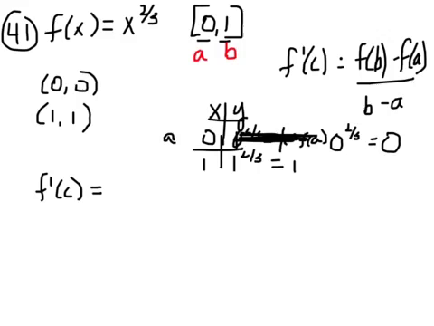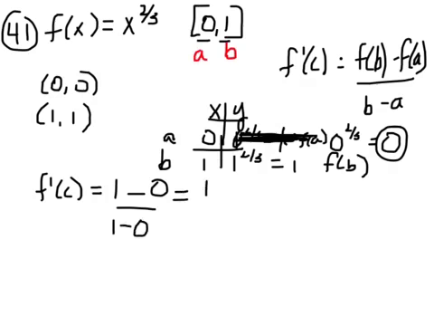So f of b, this is b right here, so f of b is 1. So f of b is this 1 minus f of a, which is that 0, and b minus a is 1 minus 0. That's 1 over 1. The average rate of change for this function is 1.